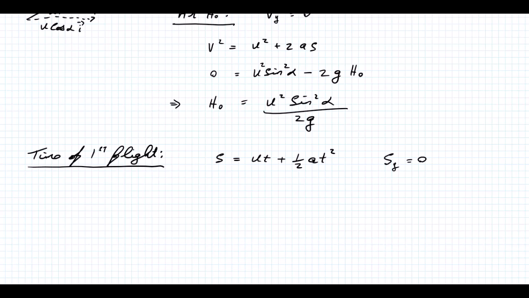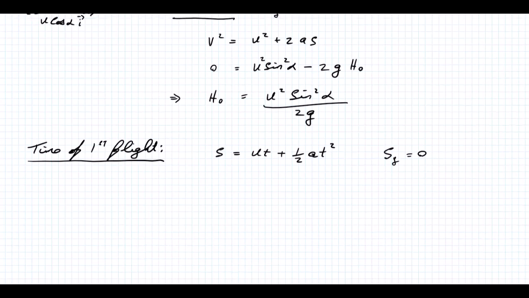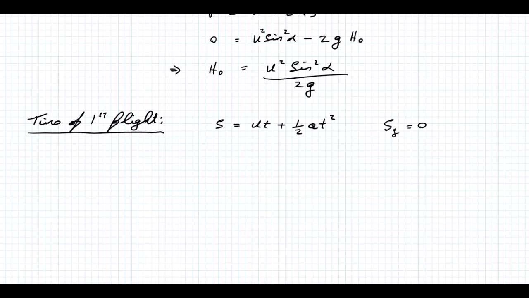Remember, we're trying to find the time to the first bounce, and when the ball bounces the distance in the y direction is going to be 0. Our initial velocity in the y direction is u sine alpha. Multiply that by t, and then we've got minus a half g, because g is acting downwards, and then t squared.